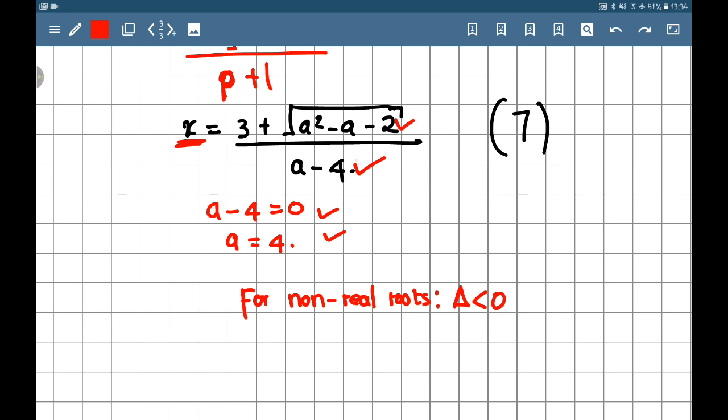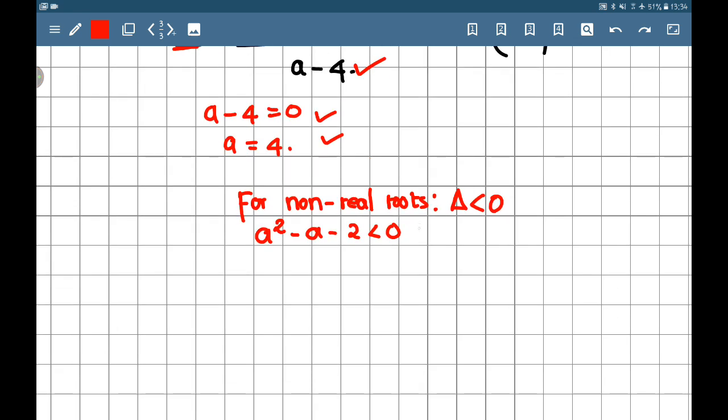And then from there, what is our discriminant? That is our discriminant. So we say A squared minus A minus 2 must be less than 0. And for that, you get a mark. Then we factorize this, which is A minus 2 and A plus 1 is less than 0.